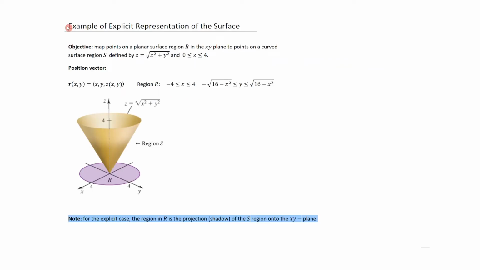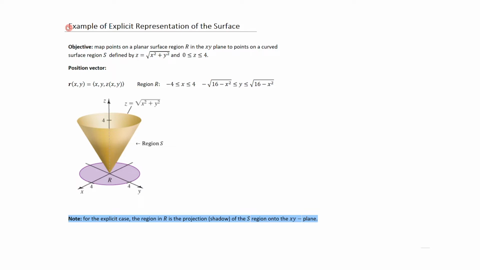All right, so now what we'd like to do is an example representing the explicit representation of a surface, in which case the variables of interest in surface integration are in fact the original variables, which are x and y.